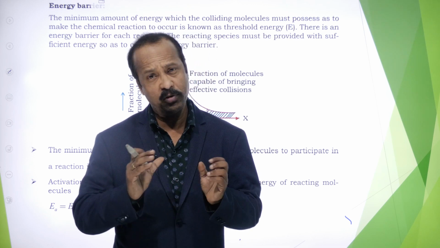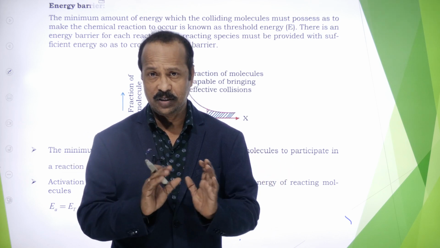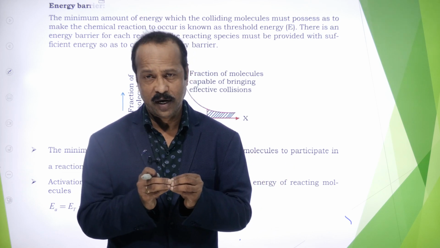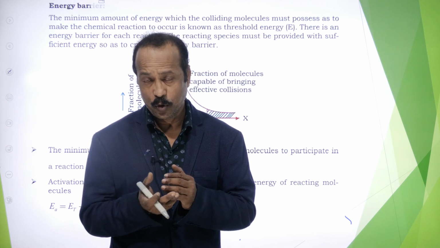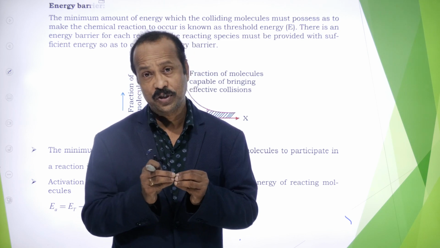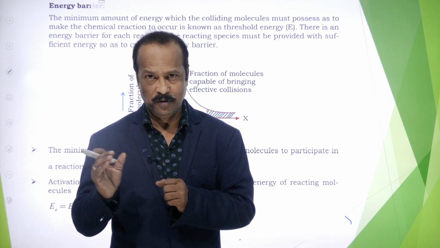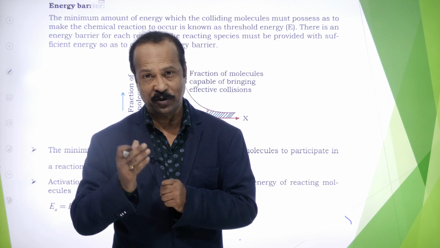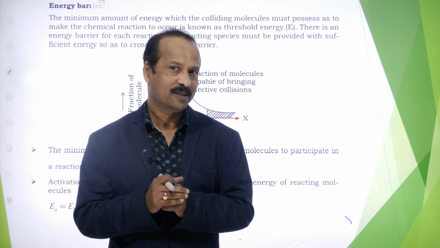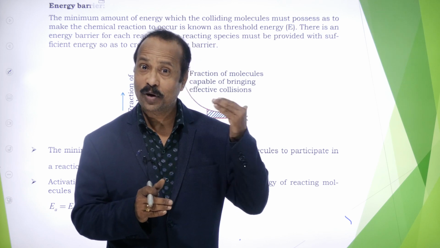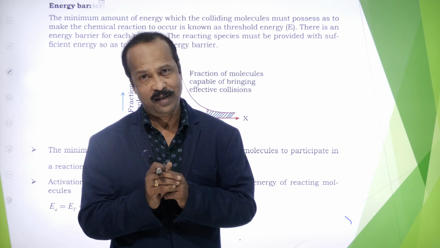Every molecule has a certain amount of energy. When two molecules collide, that energy may not be sufficient to form the product. So to make the collision effective, it requires some more amount of energy.